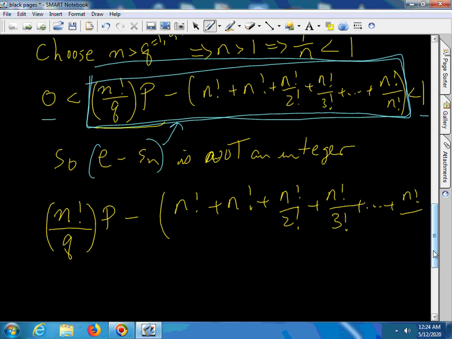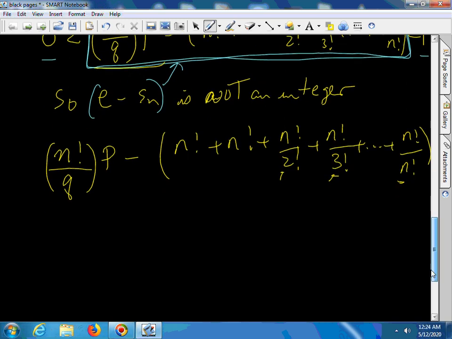It's n factorial in the bottom. All of these numbers, 2, 3, they're all less than n. Only the last one are we taking a factorial of n. Never more.